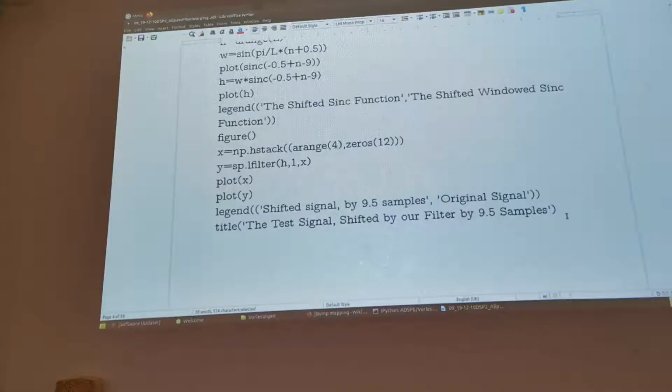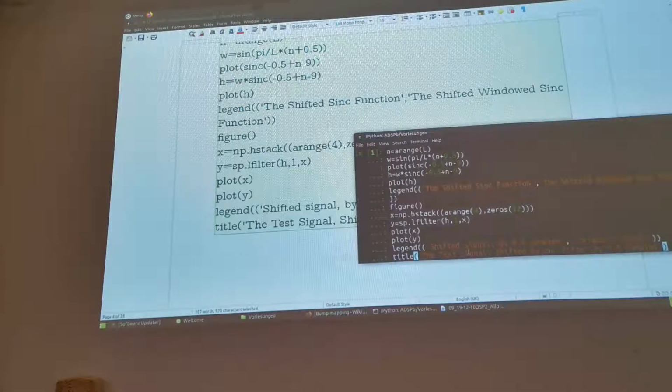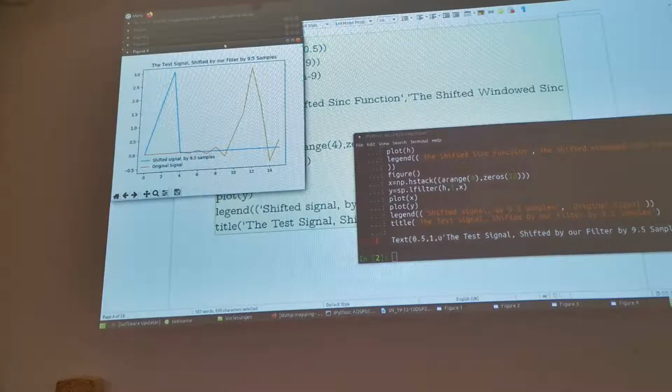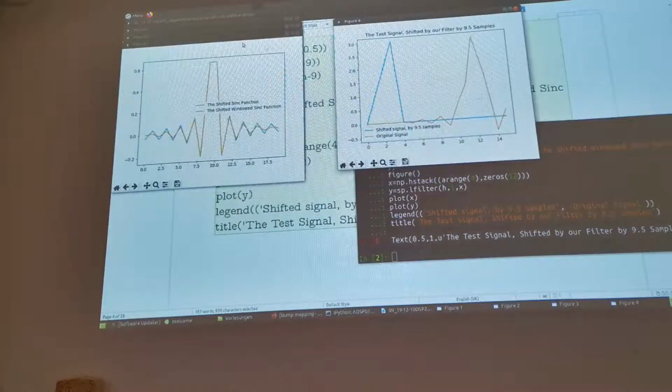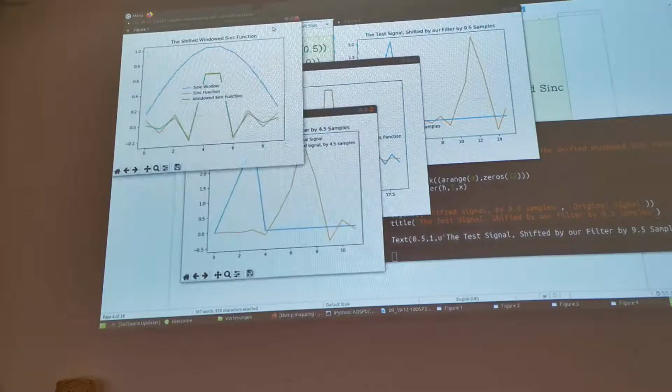So I have two versions, one short version of the filter and one long version. Copy. Paste. Yes, so now it works. So this is the last window. Here you can see the plots.